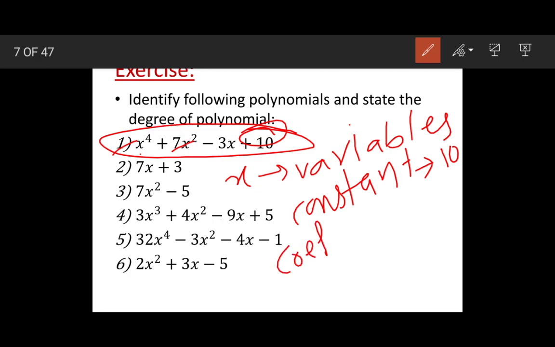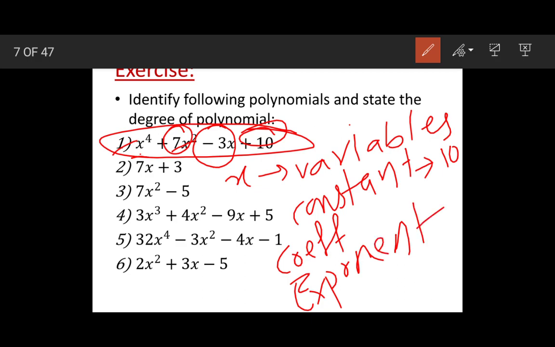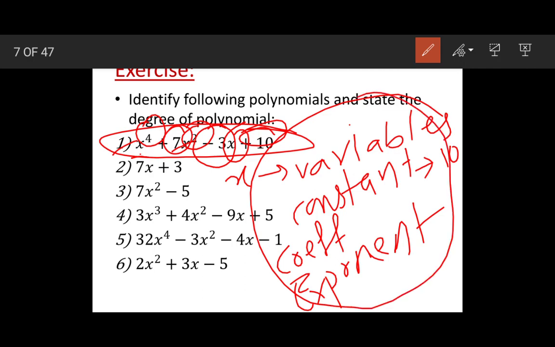The coefficient of x raised to 4 is 1, the coefficient of x square is 7, and the coefficient of x is minus 3. The exponent in x raised to 4 is 4, in x square it is 2, and in x it is 1. By combining variables, constant, coefficients and exponents, we get a polynomial.